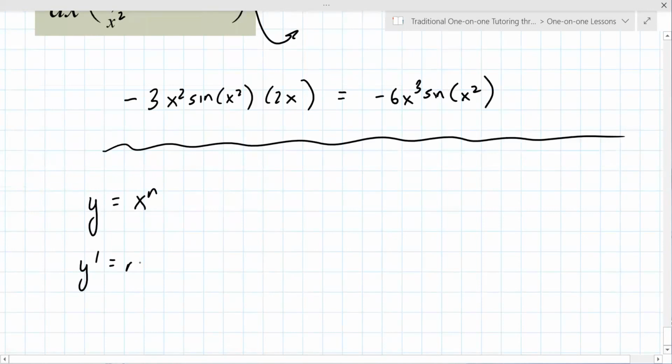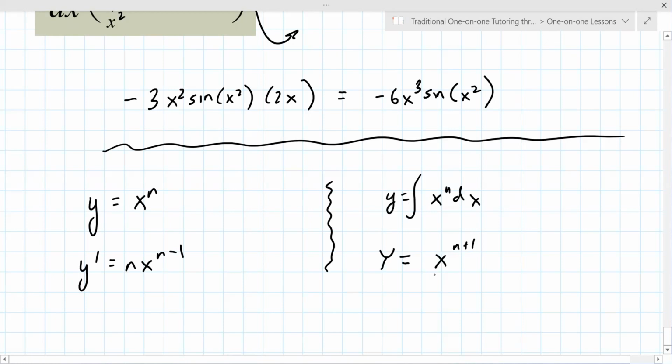The derivative is nx to the n minus 1, but the integral of x to the n dx, let's say this is y, then big Y is x to the n plus 1 over n plus 1. And if you take the derivative of this, you go back there.